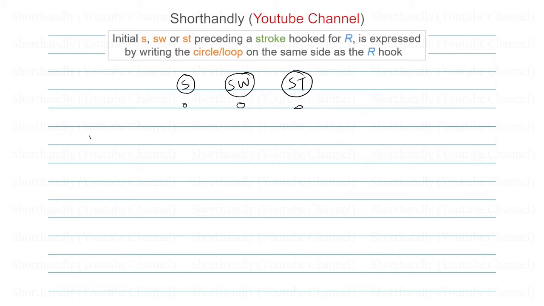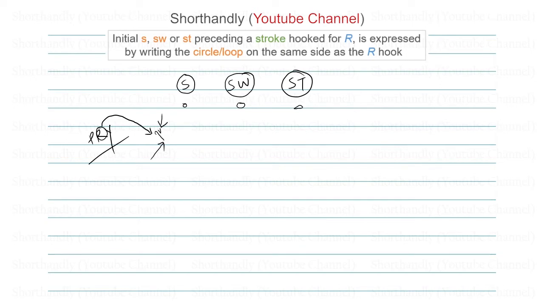Suppose we have a word called pry. So pry will be made like this. We have this P stroke, and to represent this R, we simply attach this small hook. So this is our word pry, and here we have the diphthong which represents the sound of I.